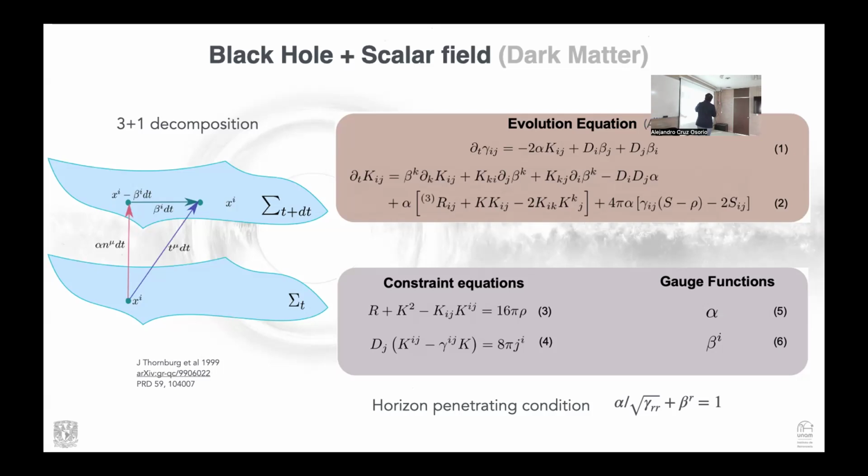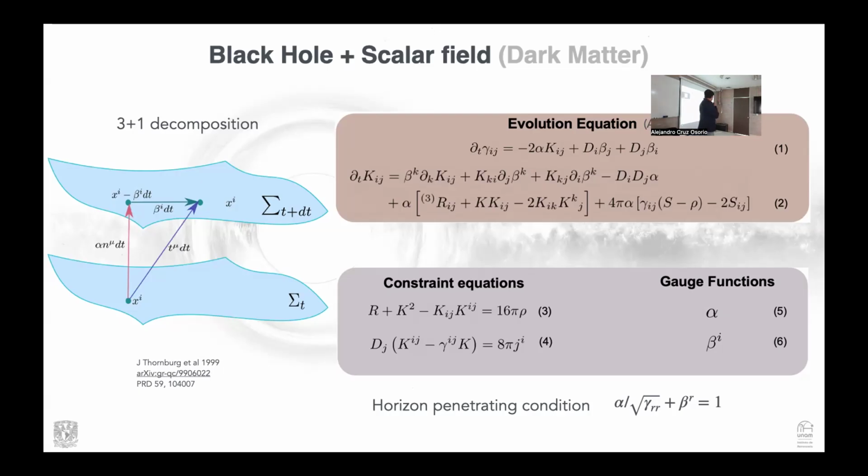Then, okay, these are purely geometrical equations, and then we have the connection to the matter. This is a gauge condition similar to electromagnetism, because these two parameters are free. So basically we can choose whatever morphology we want in this 3+1 decomposition.